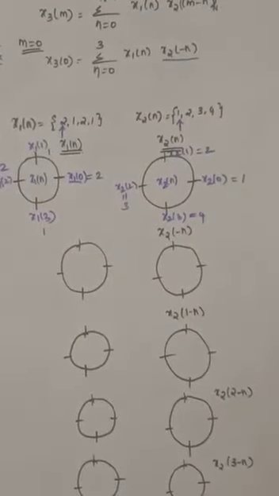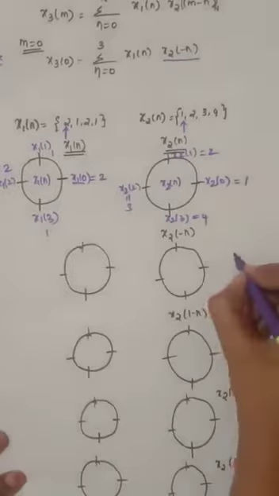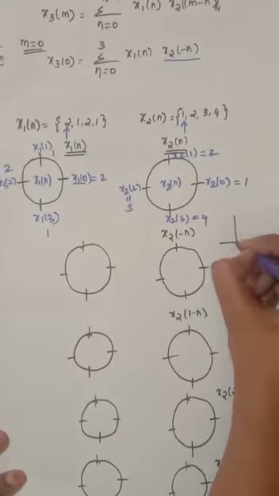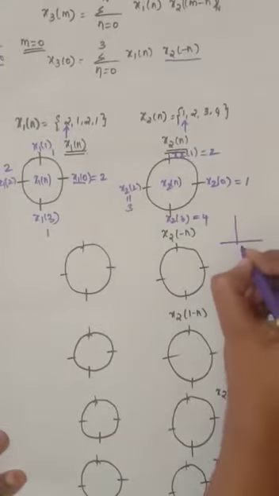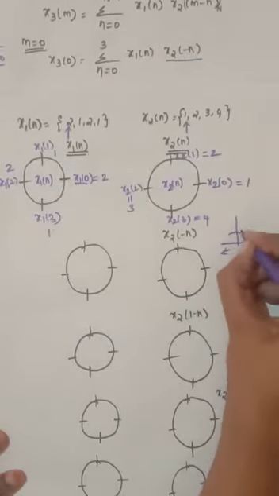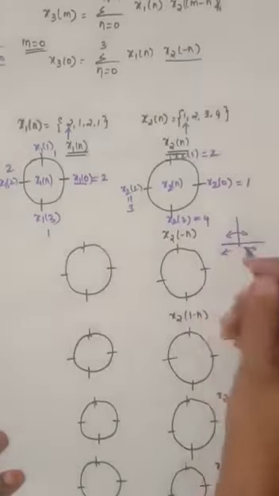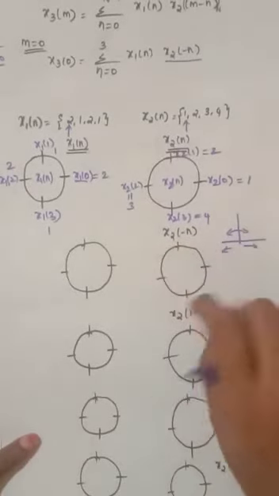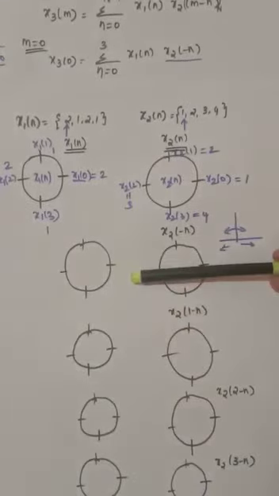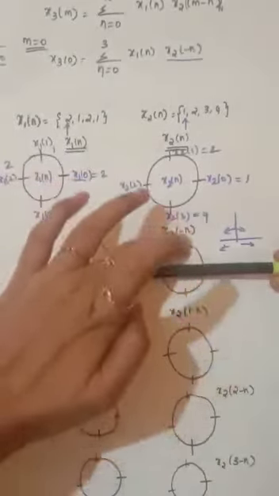The first operation we need to perform is reversal, that is the folding operation. So in the graphical method, how will you perform this? Consider this is the origin. If you perform folding, the values on either side of the origin will be interchanged. Similarly here, considering this as the axis, I am going to interchange these two values.